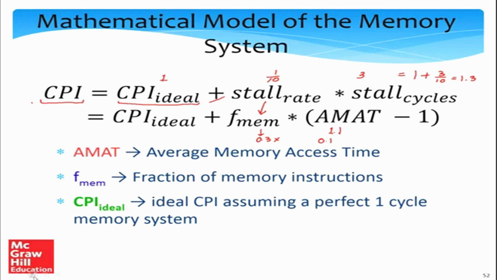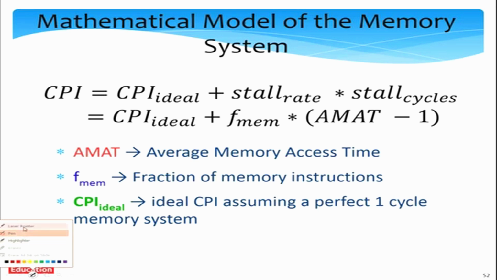So let me discuss this equation in a different light. What we are essentially trying to do here in the first line is compute the CPI with a non-ideal memory system. For that, first we get the CPI for an ideal memory system.